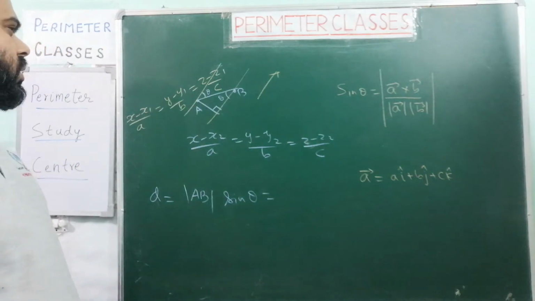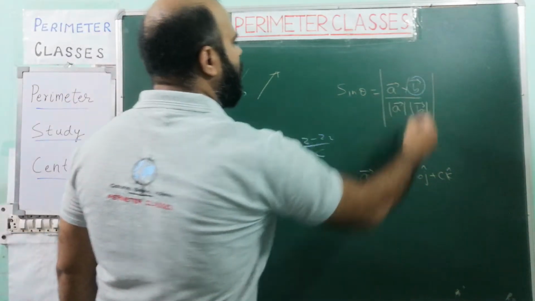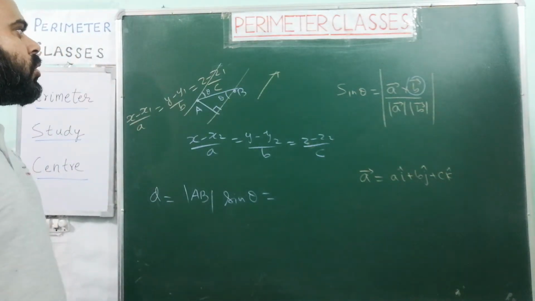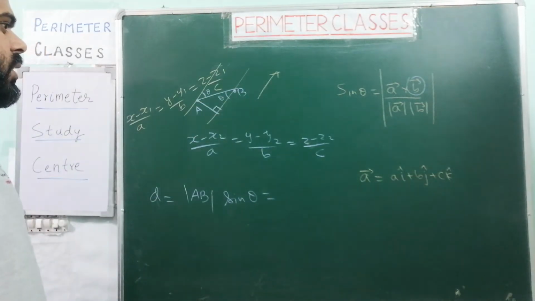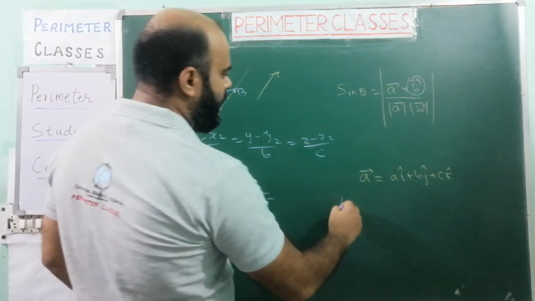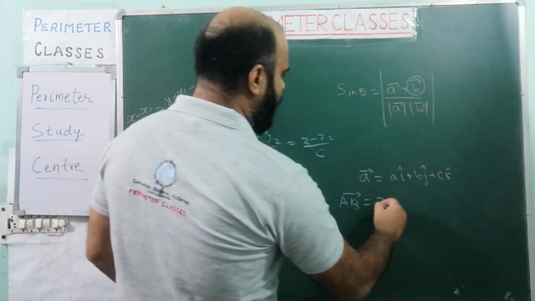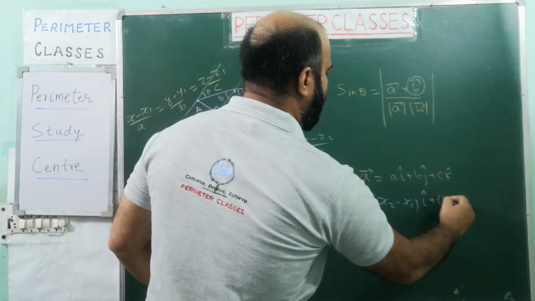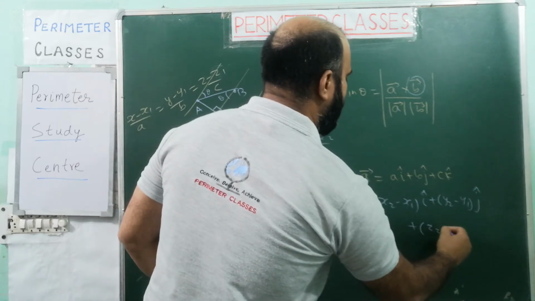So here what should be the other vector which we have to take? Basically, we take the vector joining these 2 points A and B, that is the AB vector. So this would become x2 minus x1 i cap plus y2 minus y1 j cap plus z2 minus z1 k cap.